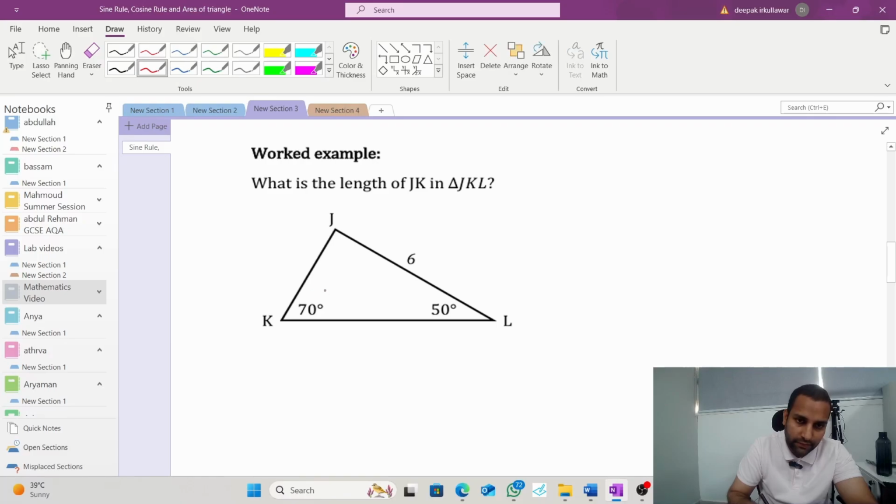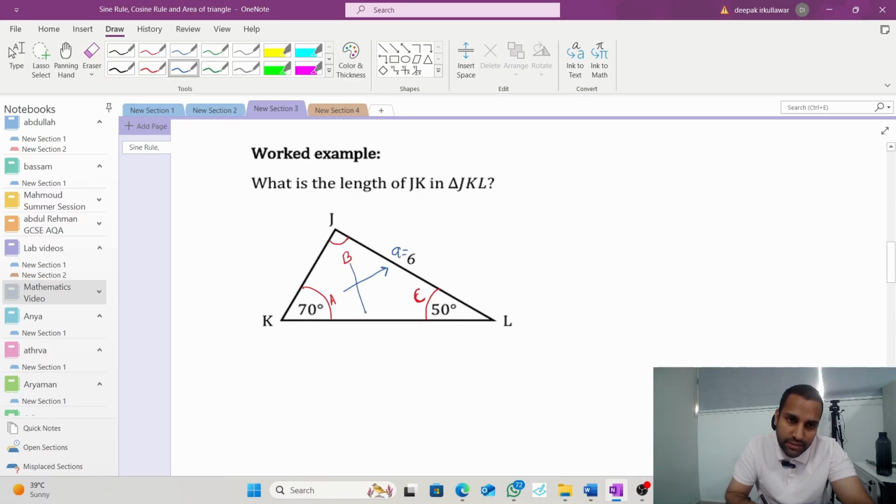So this length. First of all, name everything. Suppose this is capital A, this is capital B, this is capital C. So side opposite to capital A would be, as discussed earlier, small a.